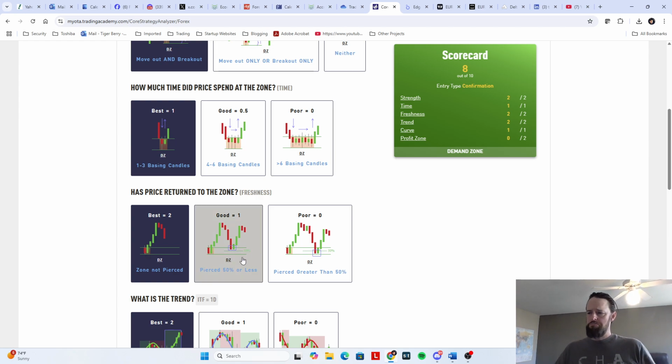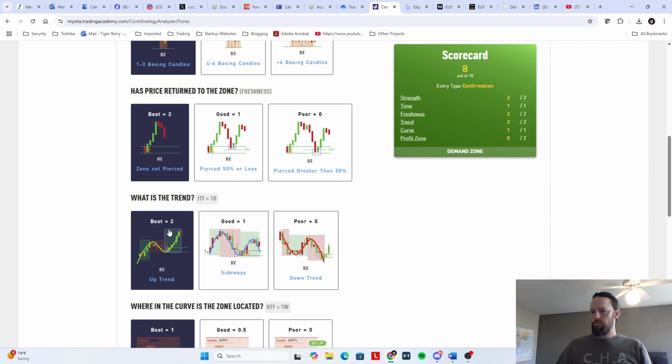Like it shows here, if it goes 50% or less into the zone, it's still technically okay to trade, but you might drop your risk. You might wager a little bit less risk, okay? And just don't have as much expectation, okay? And then clearly, if it goes all the way through the zone, like this example, you don't want to mess with it, okay?